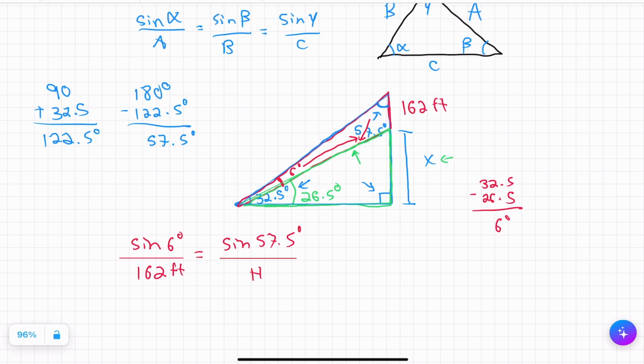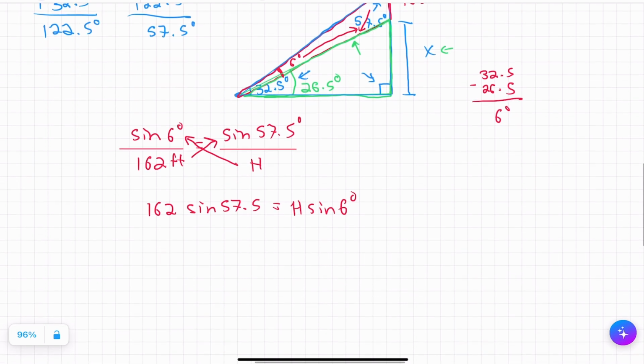So let's go ahead and solve. We need to cross multiply and divide. So we have 162 times the sine of 57.5 is equal to h times the sine of 6 degrees. And we can go ahead and solve for h. To do that, we divide by the sine of 6 degrees on this side, and that'll cancel. And then we divide by the sine of 6 degrees on that side.